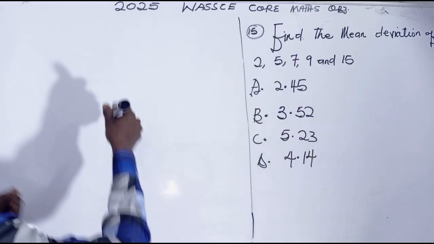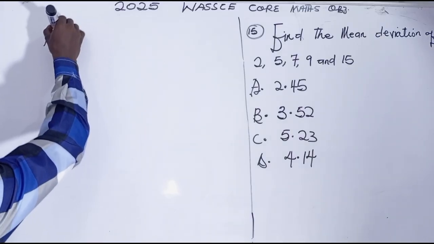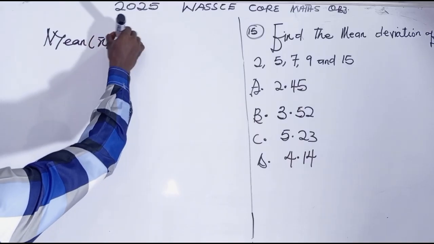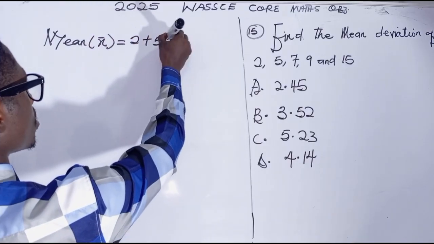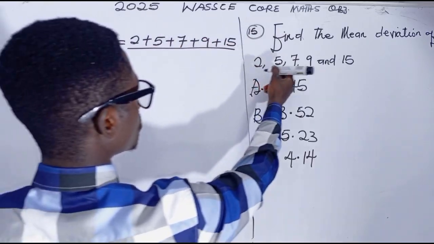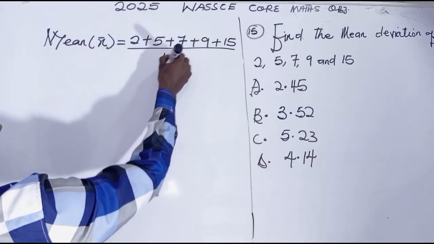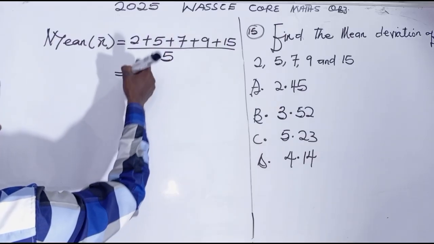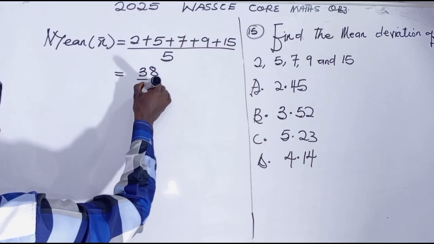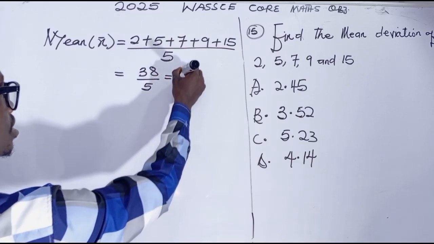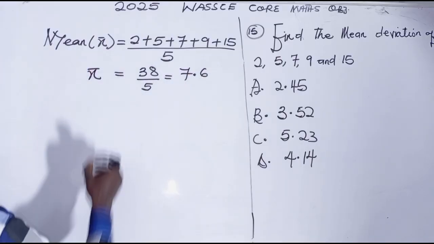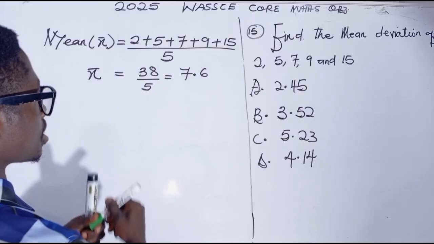So we have our mean, all over 1, 2, 3, 4, 5, so divided by 5. When you sum the top together, you get 38 over 5. When you do your division, you get 7.6. So our mean is 7.6.